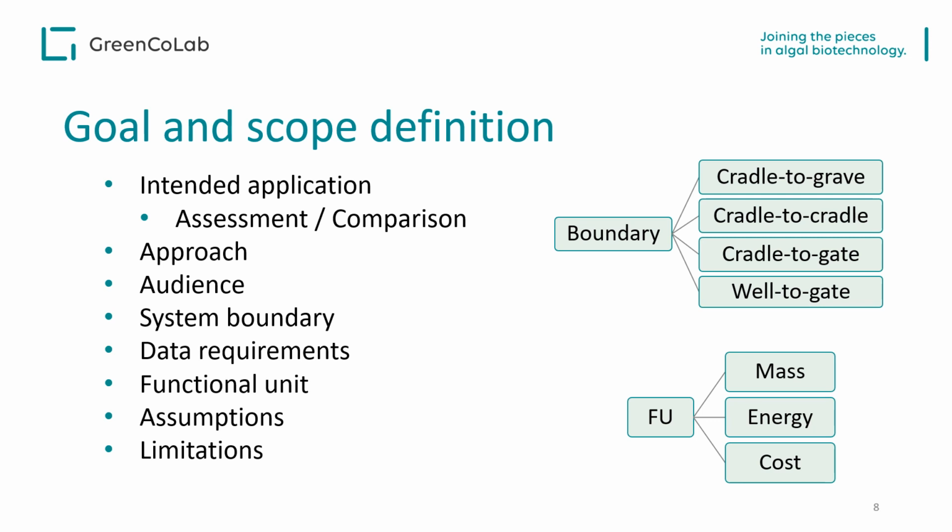The audience, the system's boundaries, so whether it is cradle to grave, well to gate, where we're going to start and stop the analysis, the data that we're going to require for that, the functional unit that will be used to assess, which can be mass, energy, or cost of the terminal product or a fraction of it. And besides that, all the assumptions and limitations of the design production system.